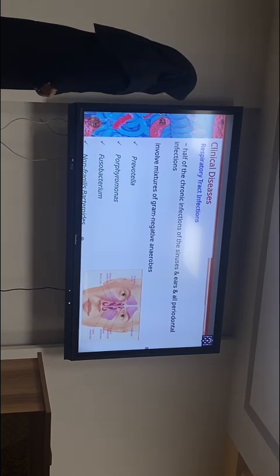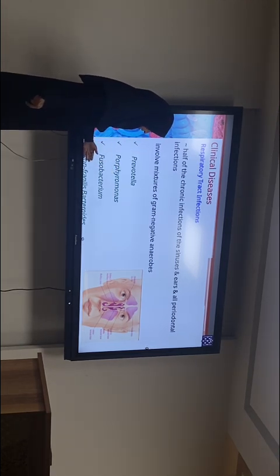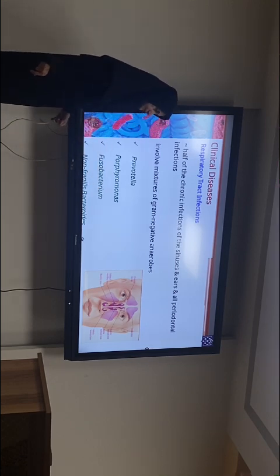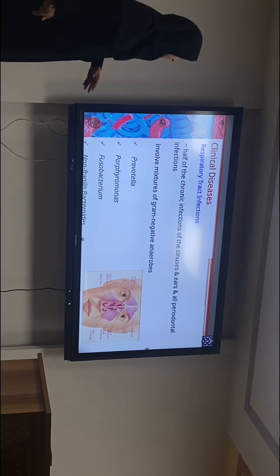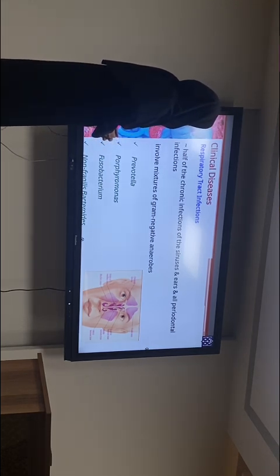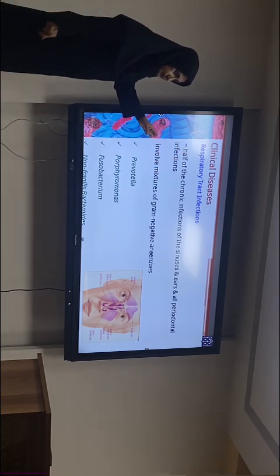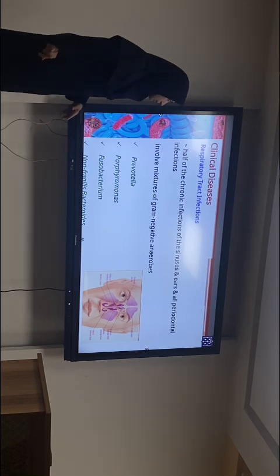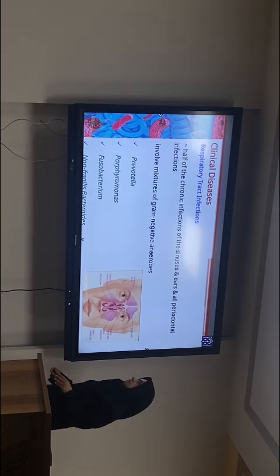These bacteria, such as Prevotella, Porphyromonas, and non-fragilis Bacteroides. Other Bacteroides, not Bacteroides fragilis. And respiratory tract infections occur in half of chronic infections of the sinuses, ears, and all periodontal infections.